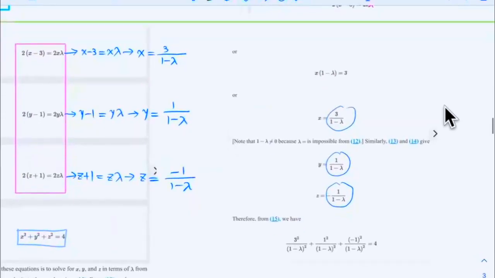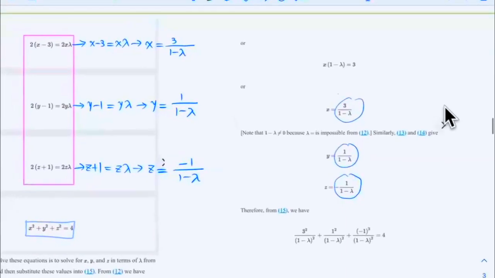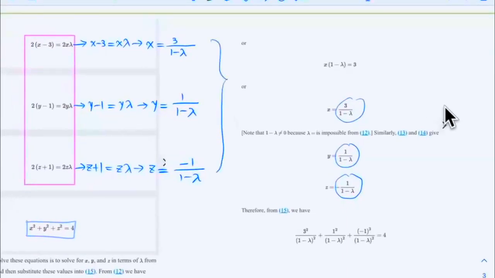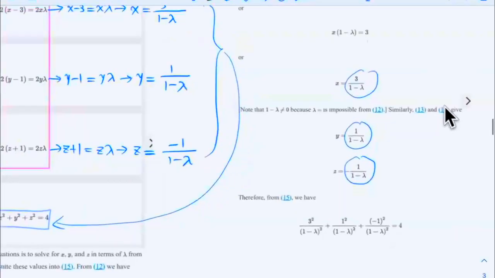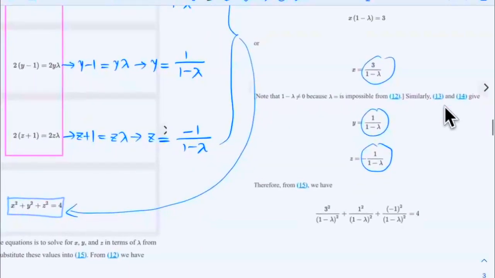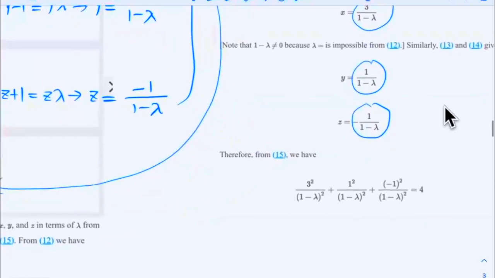Now once you have this, we're going to put all of this into this constraint equation, and then we try to solve for lambda. So when we do that, you come up with this equation. How do we solve this equation?